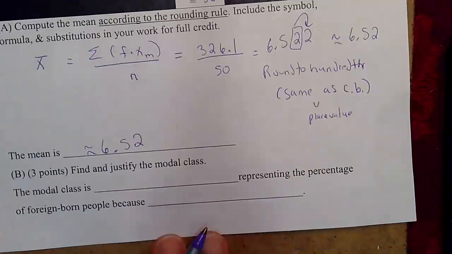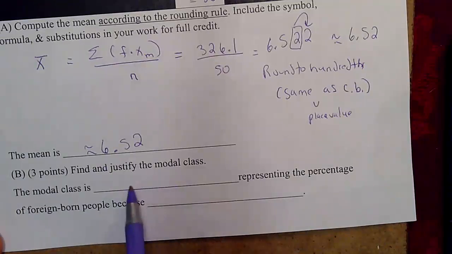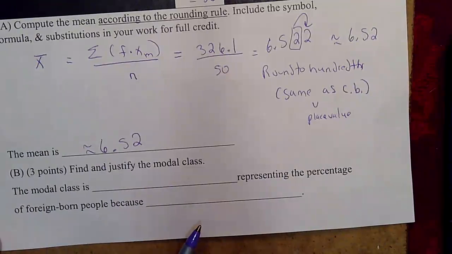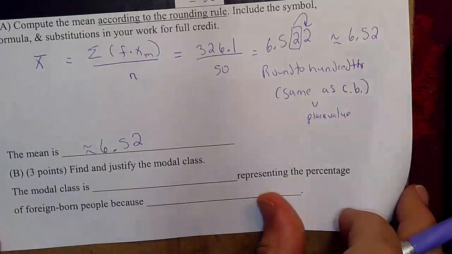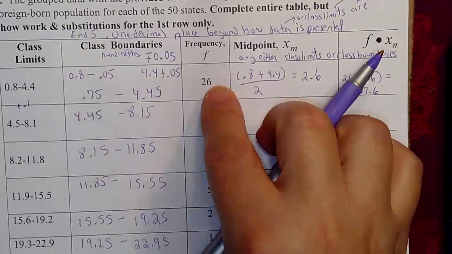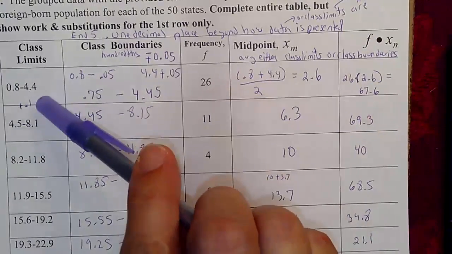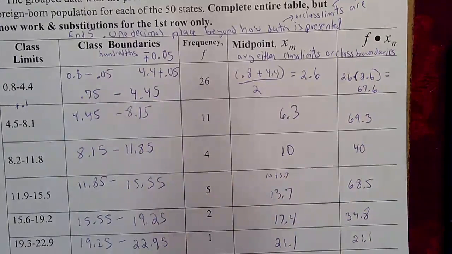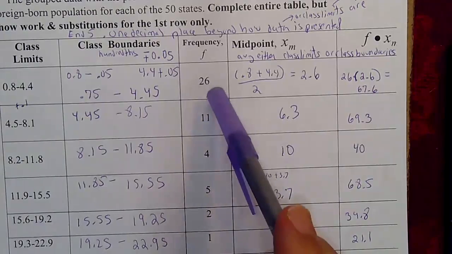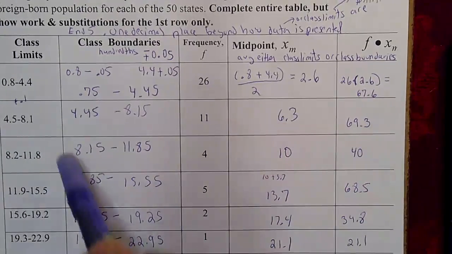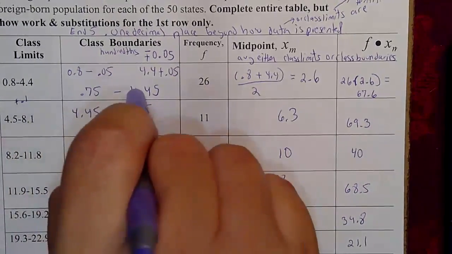Okay, and then down here it says find and justify the modal class. So the modal class, remember, the way you decide is it's got to have the largest frequency. So I look over here, which one has the largest frequency? It's 26. And you either report the class limit or the class boundary, depending on what's available. So if it's a multiple choice test, they'll either have the class limit or the class boundary, but whichever one is available, you look for the one with the highest frequency. So 26 is higher than these others. So you can report it as the class limit, or you can say the class boundary.